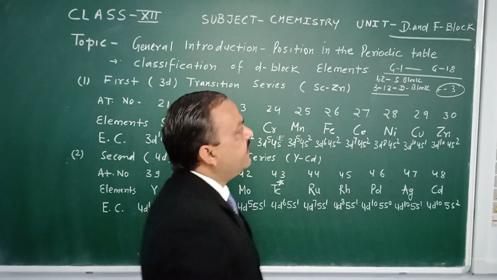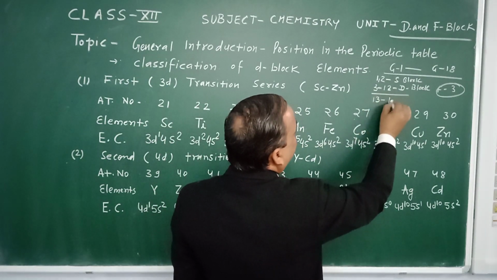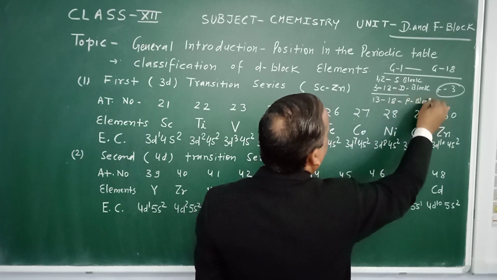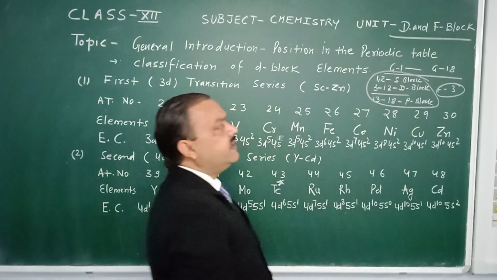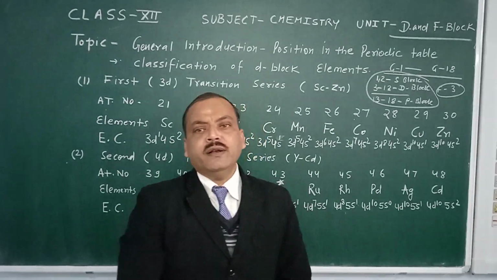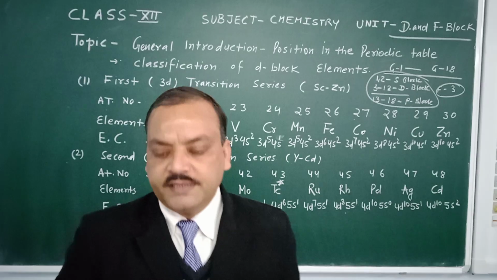Now, from group number 13 to group number 18, elements are included in p block elements. So these are the general classification of the elements among the groups.